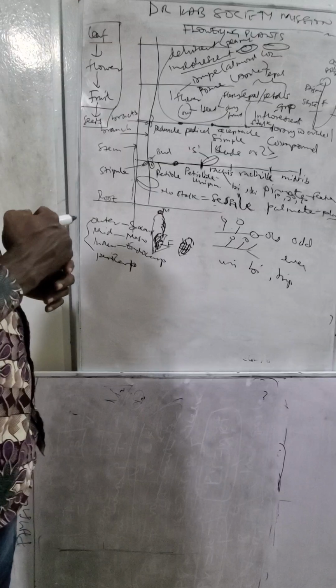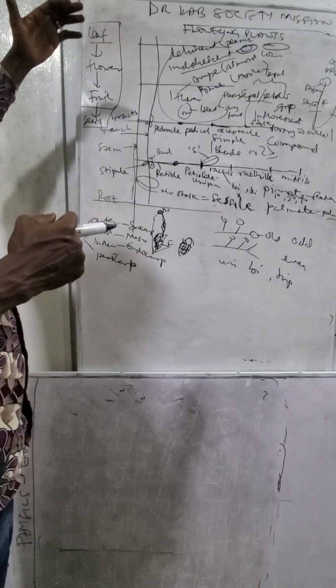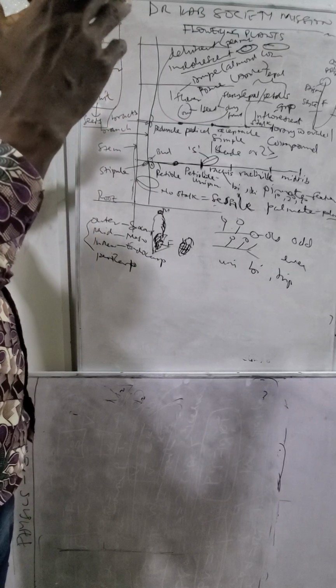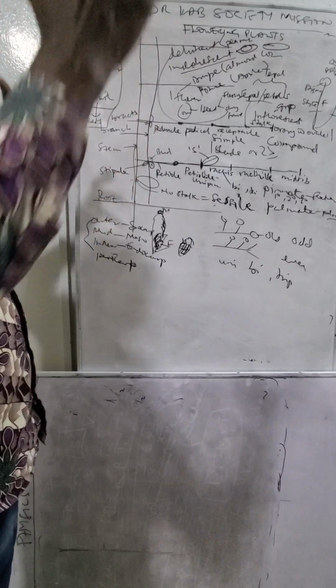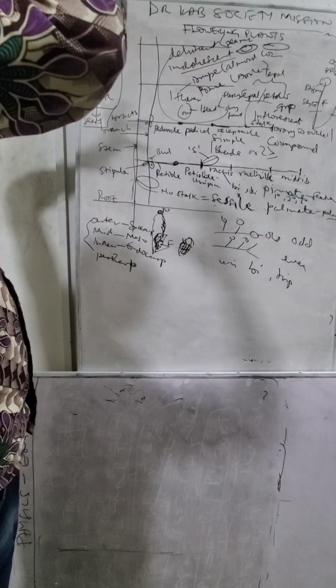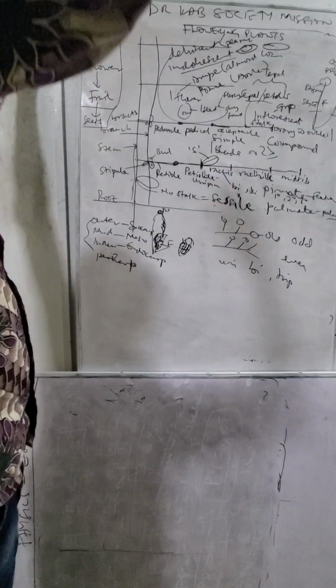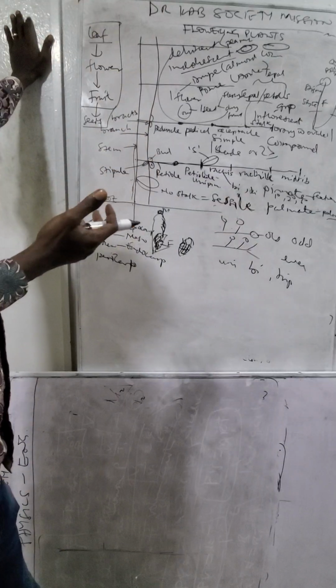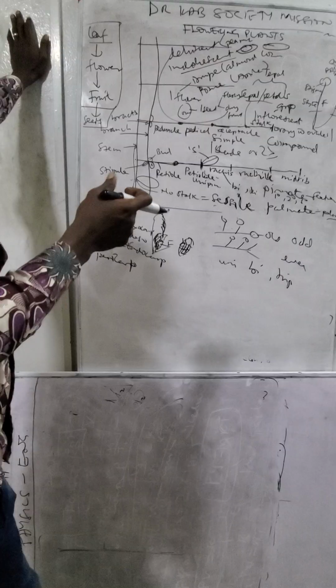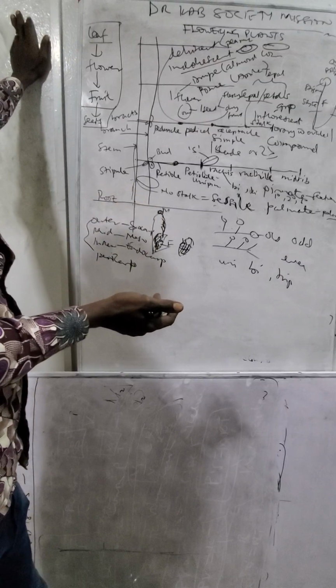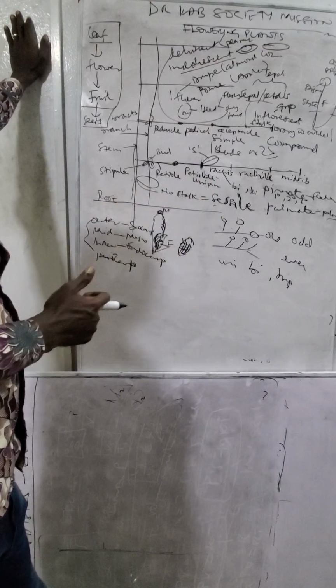Sometimes the flower can also be described by looking at the position of the petals and sepals. If they are above the ovary, then we say they are epigynous. If they are below it, then they are hypogynous.